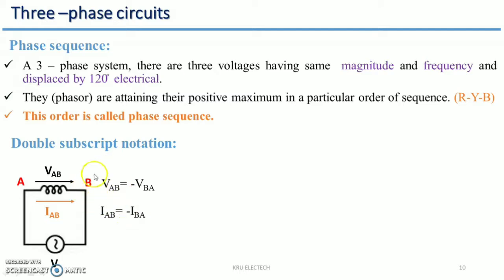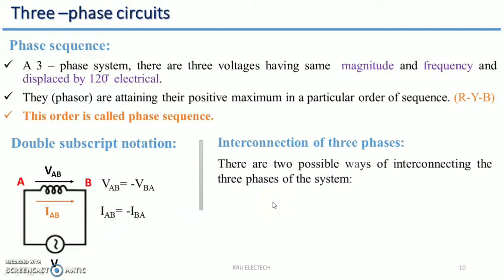What is the mathematical expression for VAB? That is VA minus VB. If you write VB minus VA, the minus sign results in VAB equal to minus VBA. So both are equal.